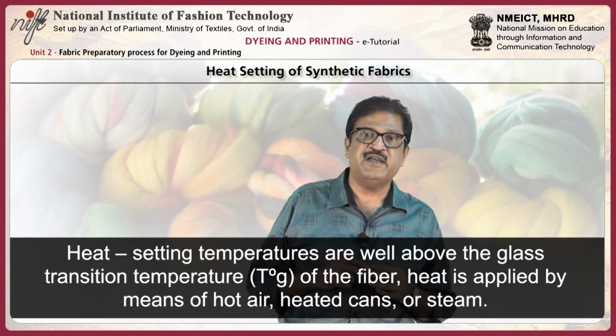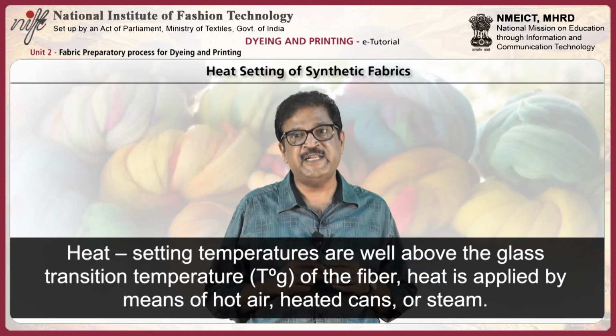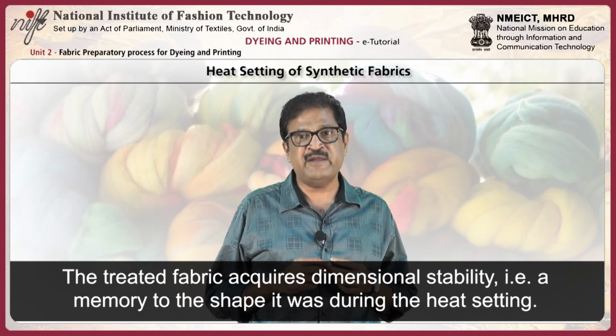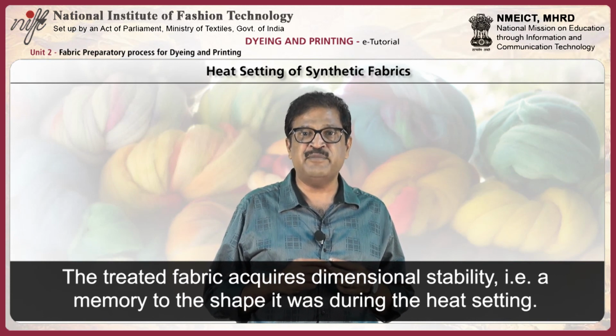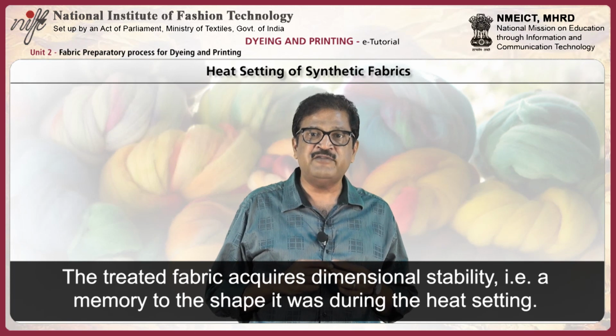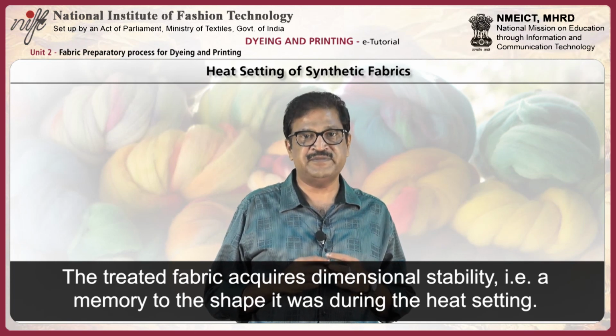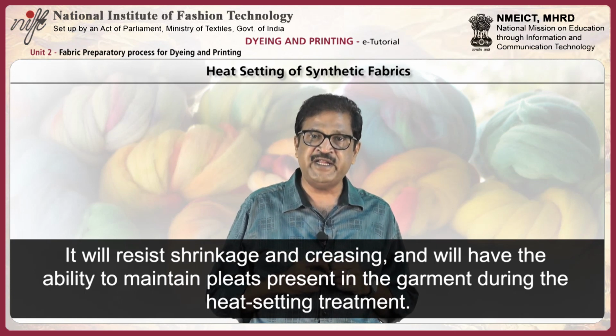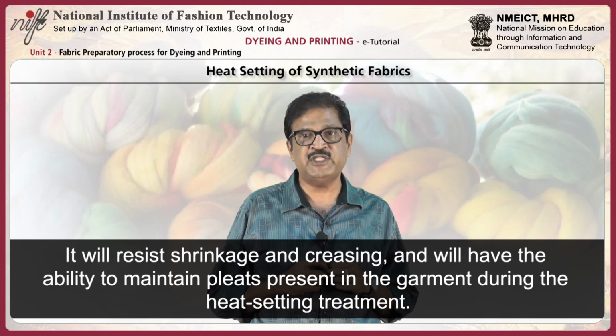Heat is applied by means of hot air, heated cans or steam. The treated fabric acquires dimensional stability, that is a memory of the shape it was during the heat setting. It will resist shrinkage and creasing and will have the ability to maintain pleats present in the garment during heat setting treatment.